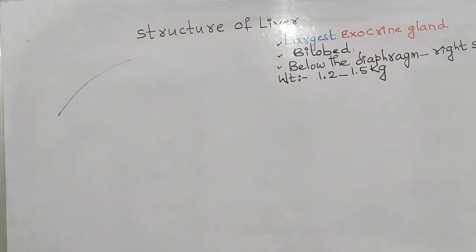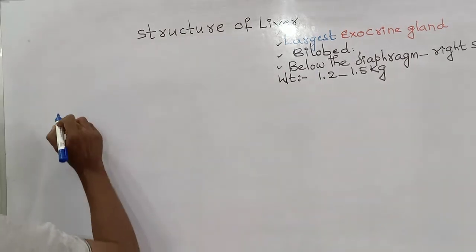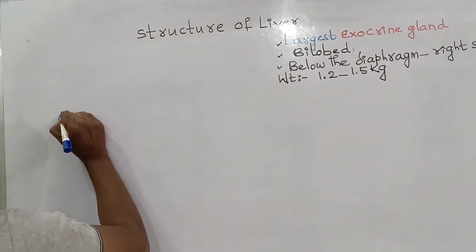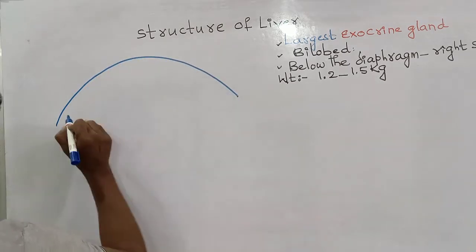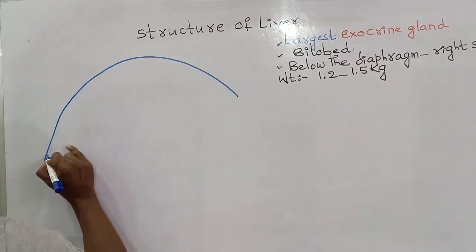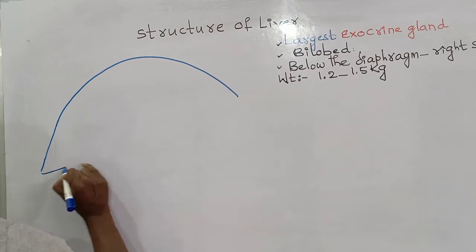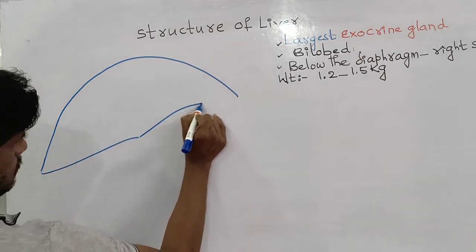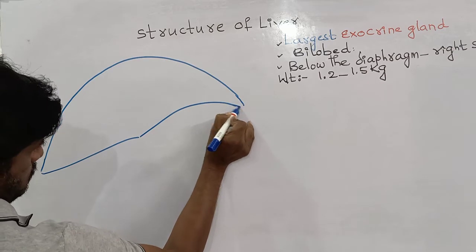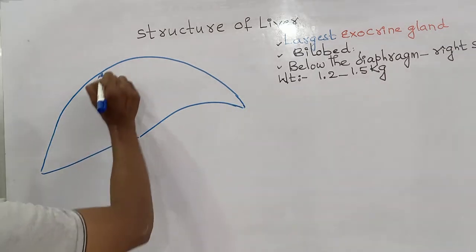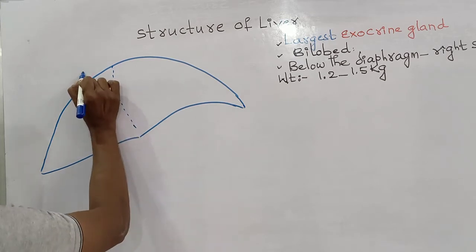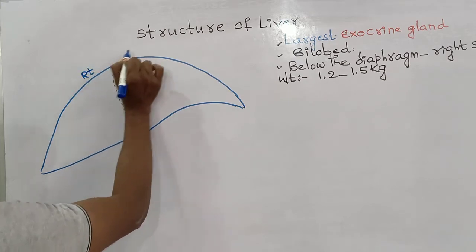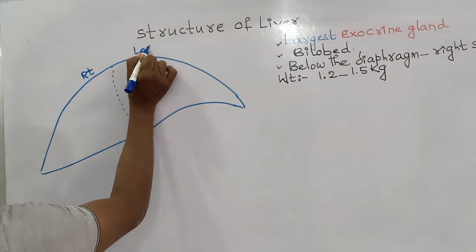Structural aspect of the liver. This is the right lobe and this is the left lobe.